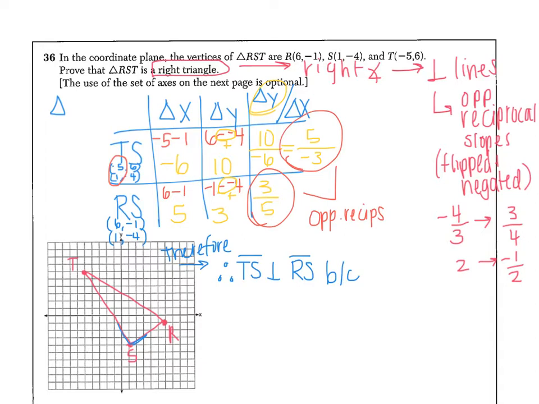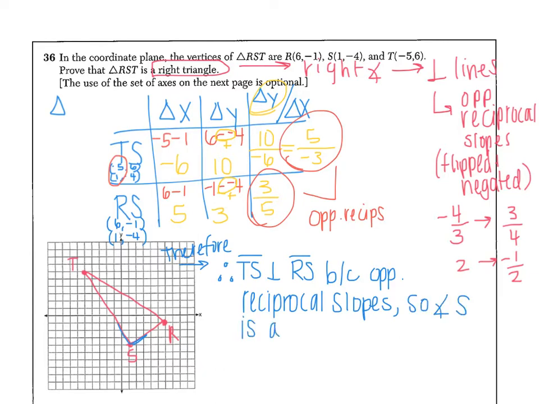Because opposite reciprocal slopes. But that's not all that's happening here. So we're going to add on a little bit with it. So angle S is a right angle.